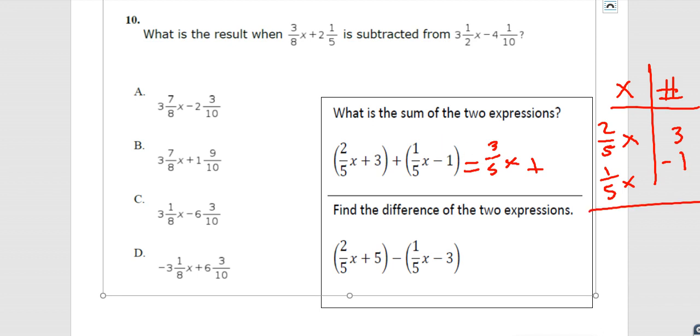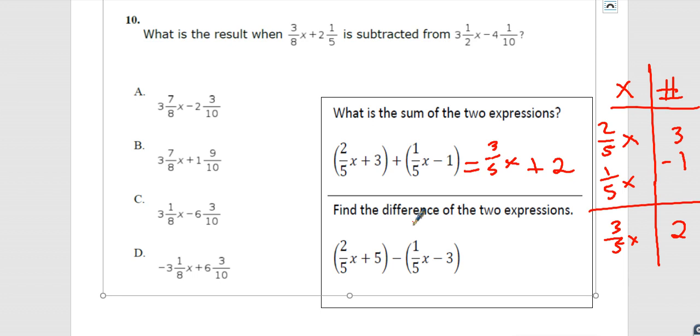So you add these together, you should have been able to see that it was 3/5 x plus 3 and a -1 should have been 2. So when I put those together, that's 3/5 x plus 2. It's really that simple.